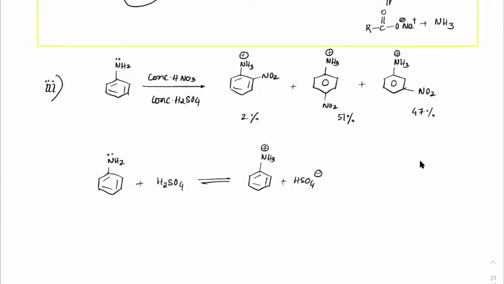Got it? So some part of NH2 will always try to become this, correct? And before this reaction happens, there may be sufficient amount of NO2 plus present in the solution, which may attack on ortho or para position. Okay, but most of the part will get deactivated. All right, that's why you have seen significant amount of meta product forming.